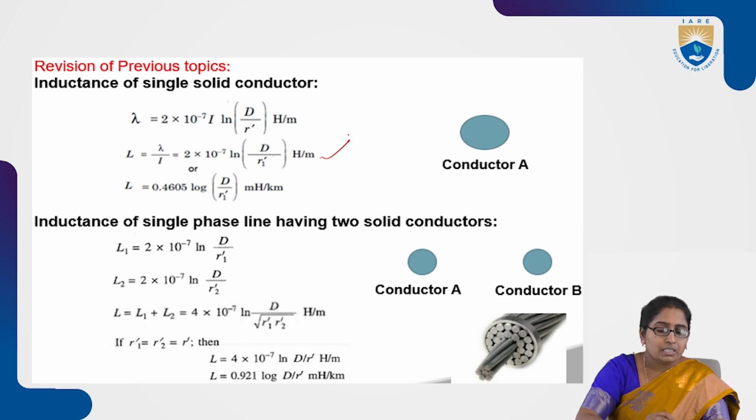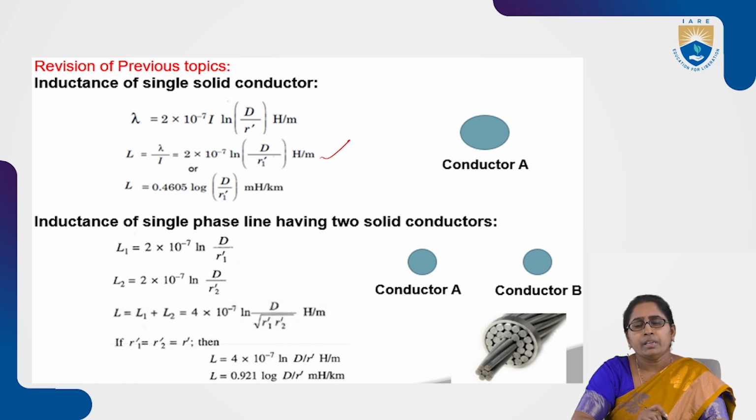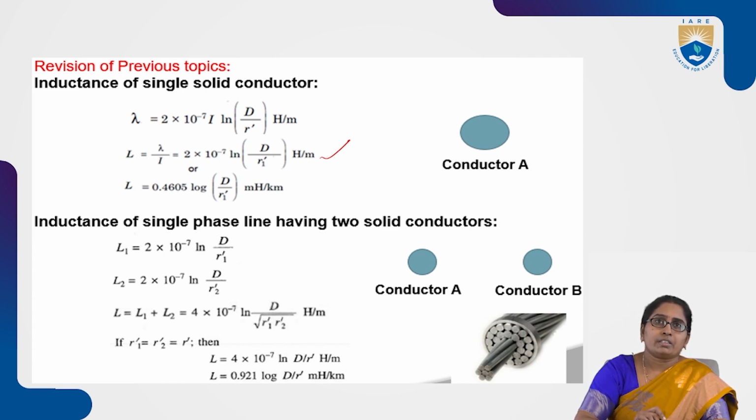But we know that a single phase transmission line has two conductors. One conductor is the phase, the other is the neutral. One acts as the go conductor, the other as the return conductor.